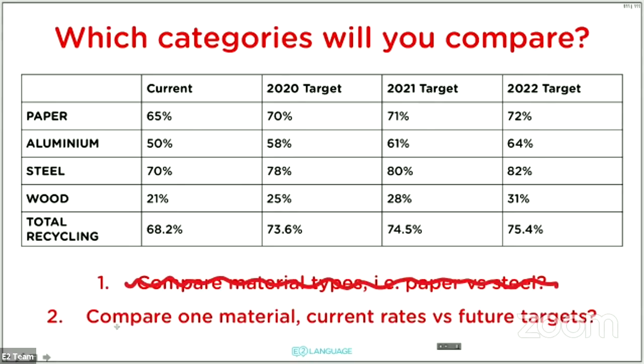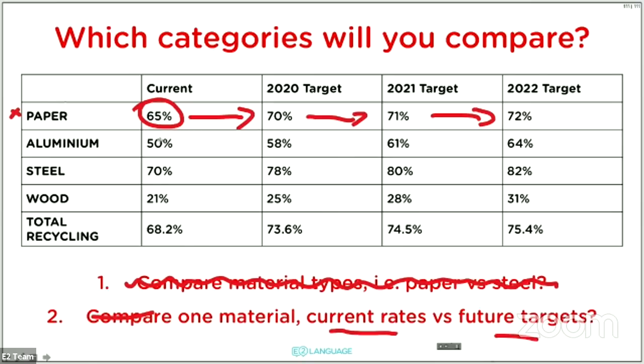What I'm going to do is choose one material, like paper, and compare the current rates versus the future targets. So I'm going to say paper is currently 65%. It's predicted to grow by 5% by 2020. Then it's predicted to grow by 1% each year to 2022.